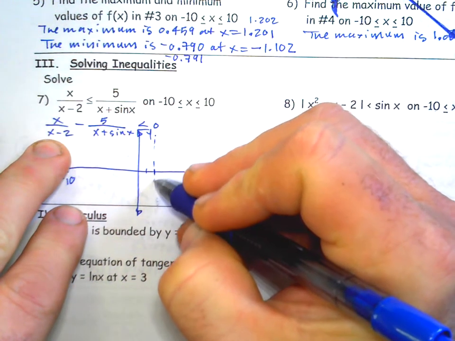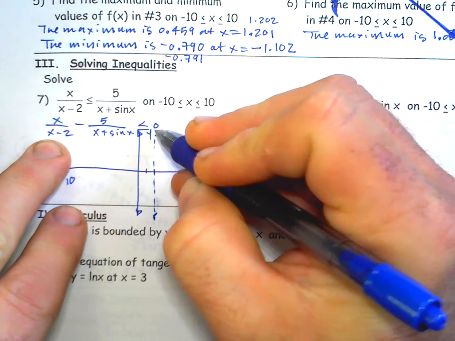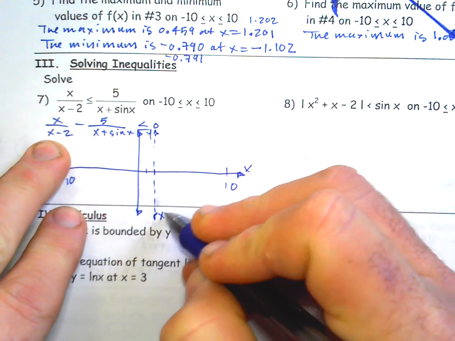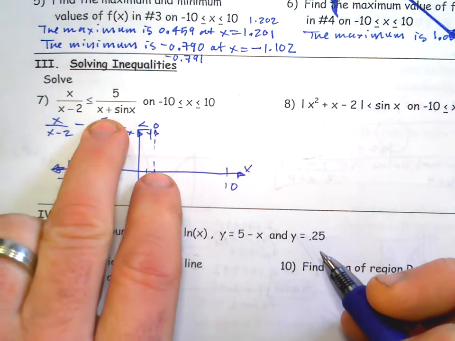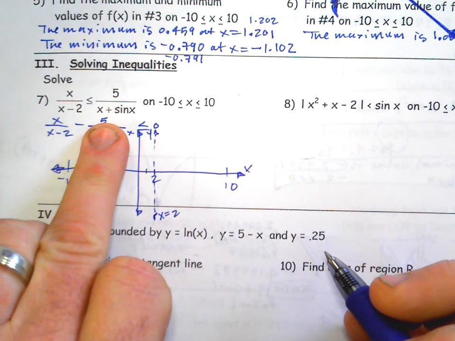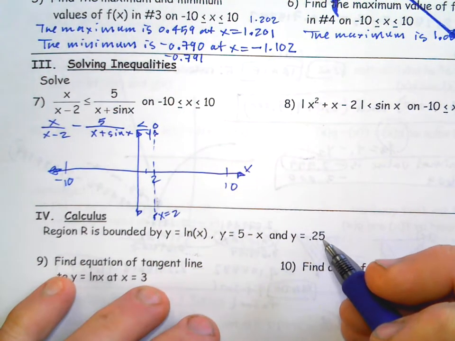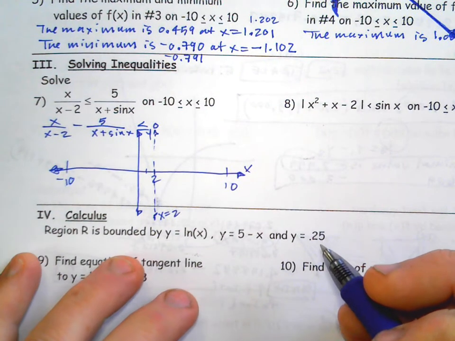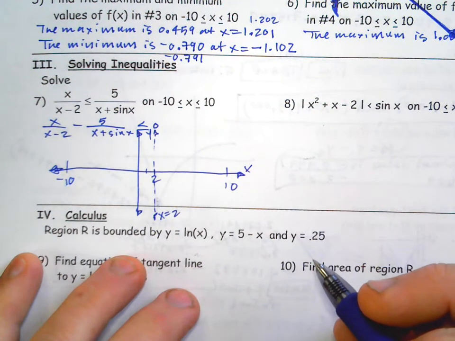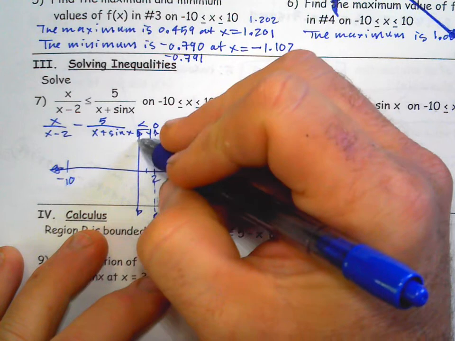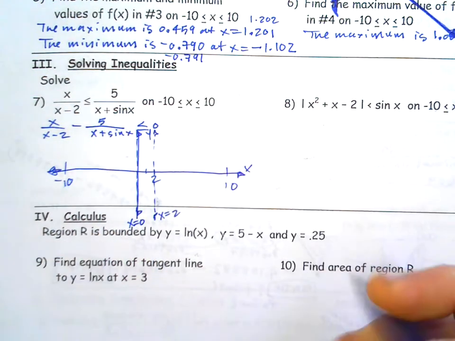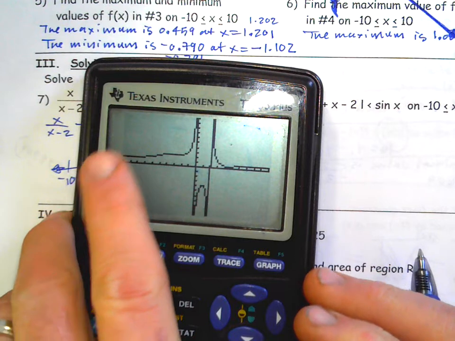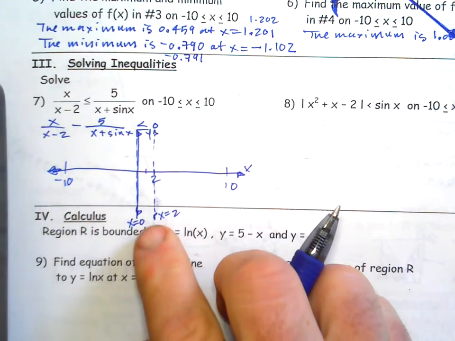We usually draw vertical asymptotes with light dashed lines. Now my calculator actually draws them in. And then you're going to have one where the sine x factor is 0, which is a little harder to figure out in your head, but it looks like it's 0 because sine is 0 at 0. So I think it is actually going to be 0. That's going to be that other vertical asymptote, which is what it looks like this graph has. So these are things you should look at and be like, oh, that makes sense.